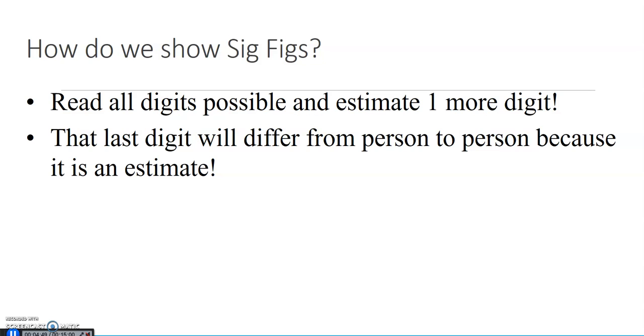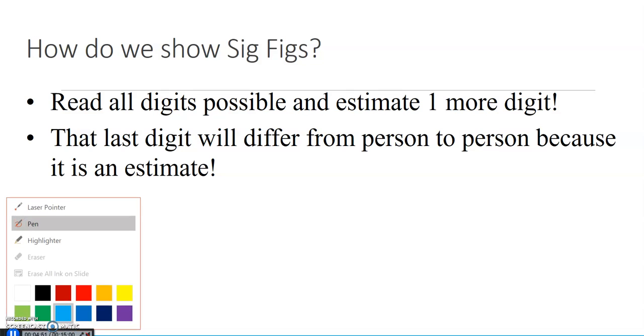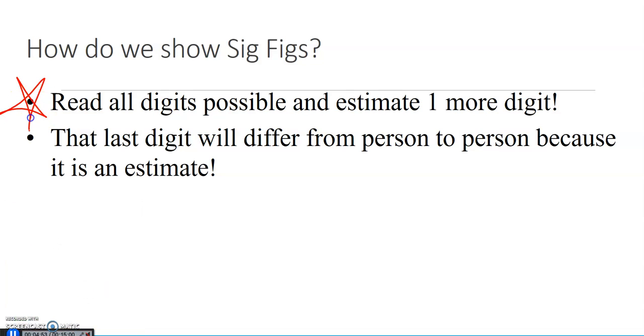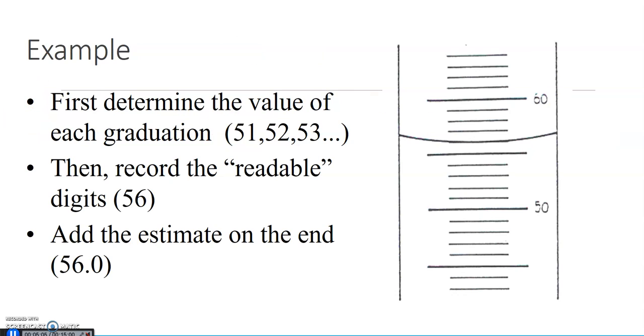So when we measure, this is huge. In your notes, maybe put a star by this. We read all digits possible and then estimate to one more digit. The last digit, of course, will differ from person to person because it's an estimate.